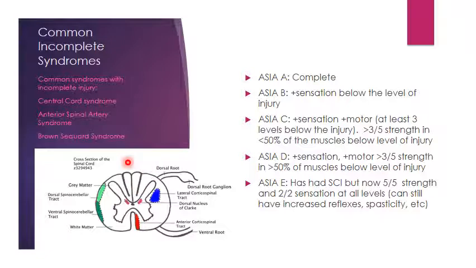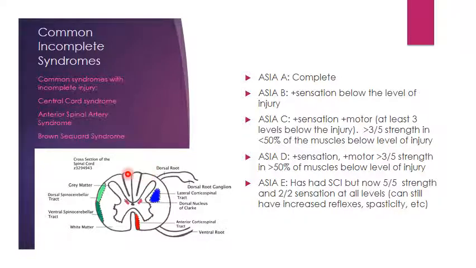This is just to kind of remind us why you might have an incomplete syndrome. So common syndromes would include central cord, and that's with this guy, right? This is with the dorsal columns primarily. This is a classic example of maybe an older patient who falls, they have a hyperextension injury, they've already had some arthritis in their neck, that spinal cord was a little tight coming through part of the spine, they hyperflex or hyperextend, and now they've got a spinal cord injury.